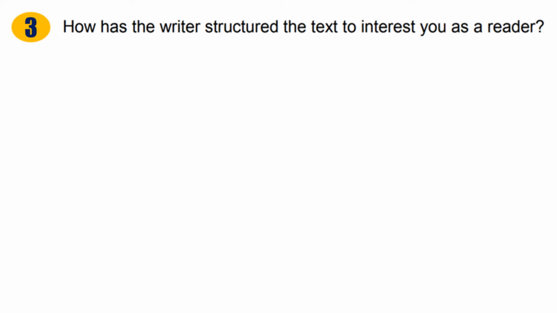So the basic structure of any text is a beginning, a middle and an end. And because this is a tricky question, my advice to students is to just make a couple of points about the beginning of the text and the end of the text, and just focusing on those 2 aspects of structure, the beginning and the end.